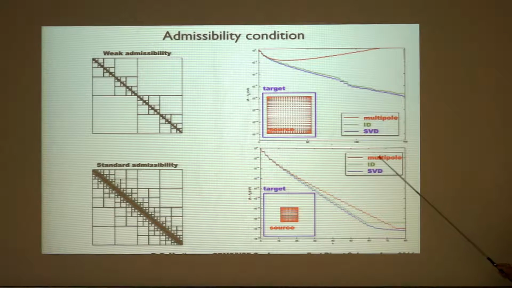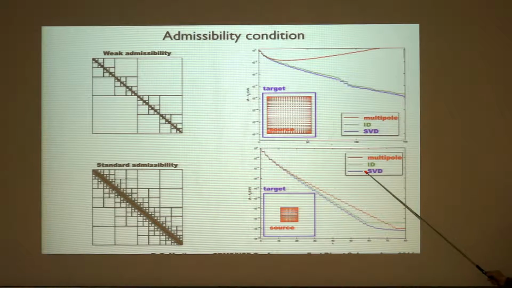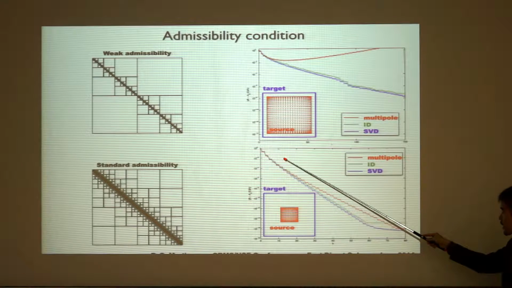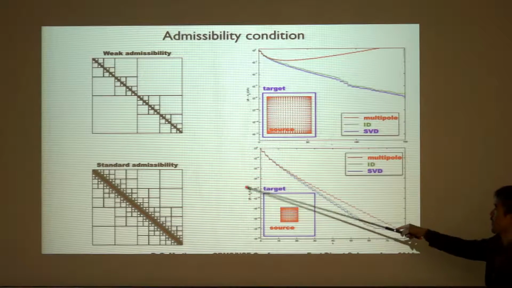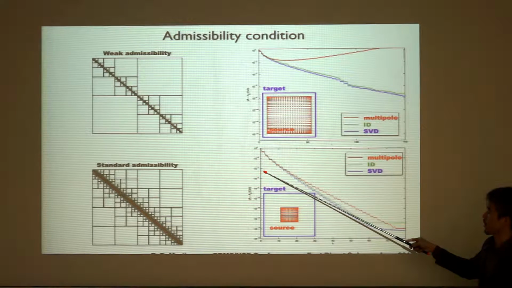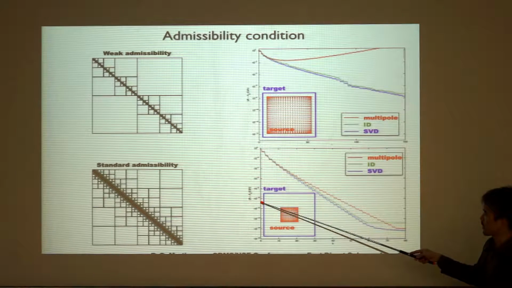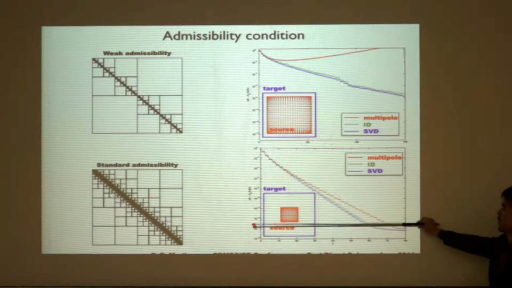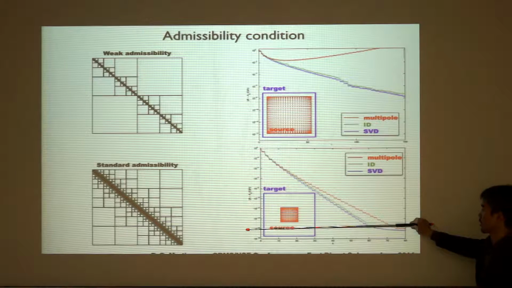In this case, multipole expansions, and these two are the more algebraic forms, so the matrix way of doing it. They both decay. So this is the error, starting from 10 to the 0, minus 2, 10 to the minus 4, 6, 8, 10, 12, 14, and here's where you hit the double precision limitation of round off.